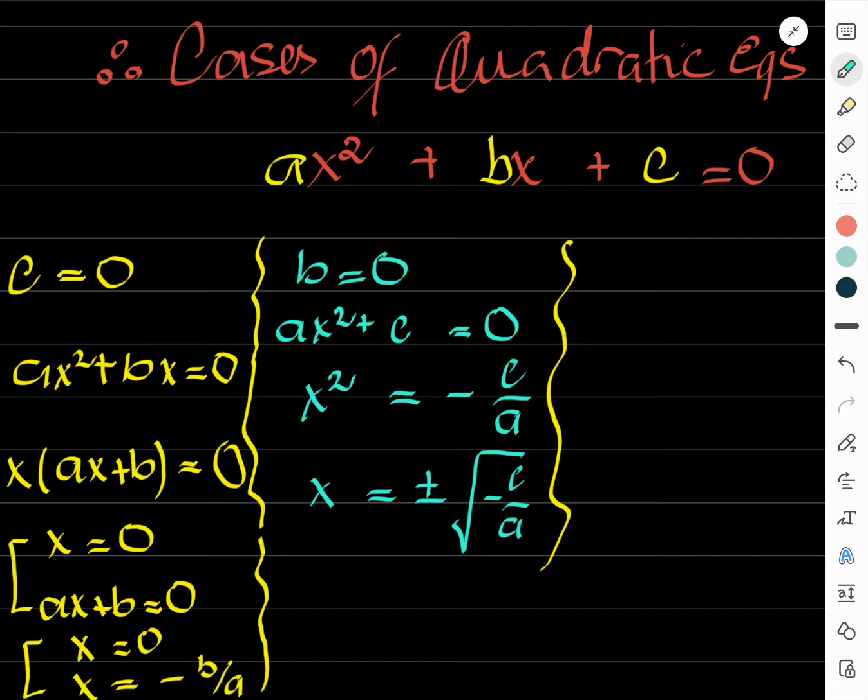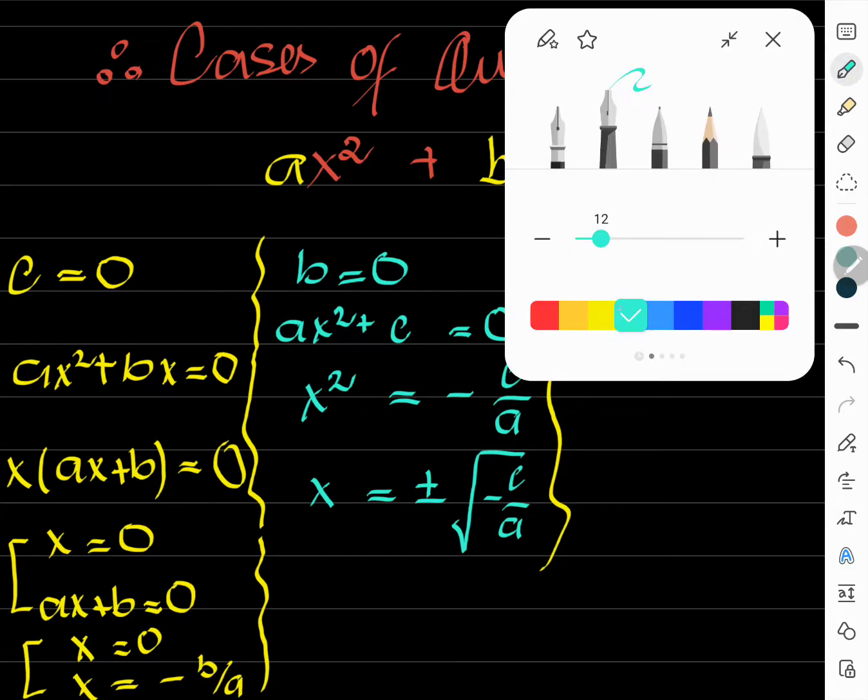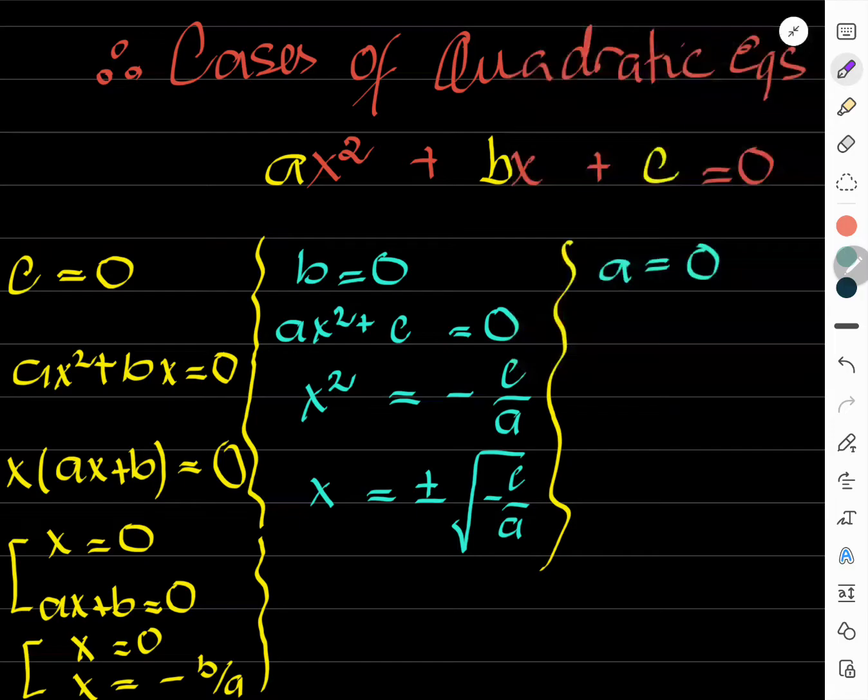And now the case when a equals 0. When a equals 0, we change to a linear equation. So now we have bx plus c equals 0. We have one solution only. Bring c to the right, we have negative c divided by b.